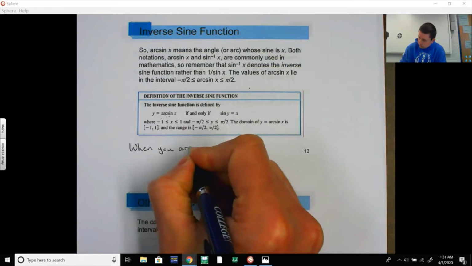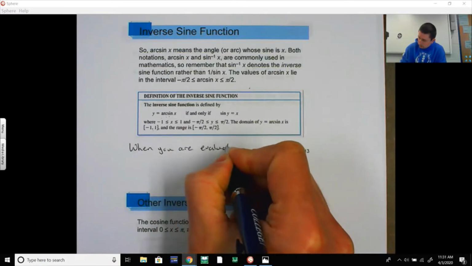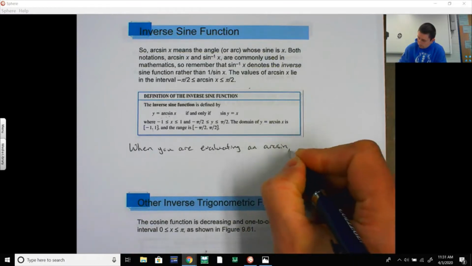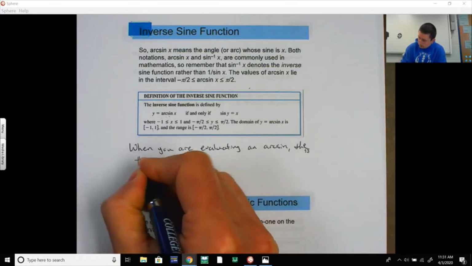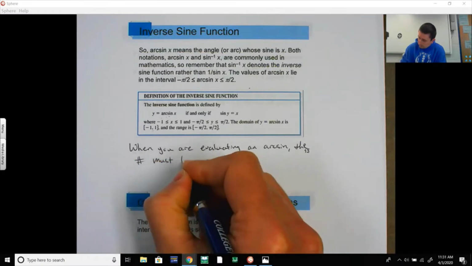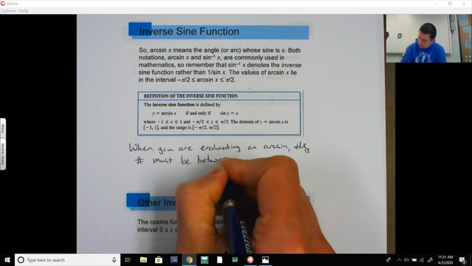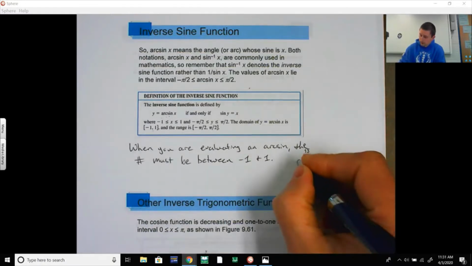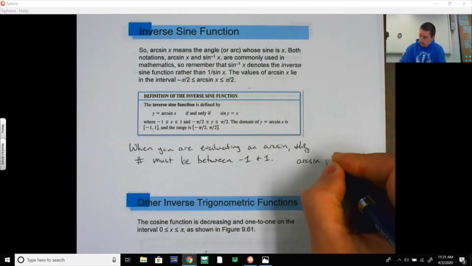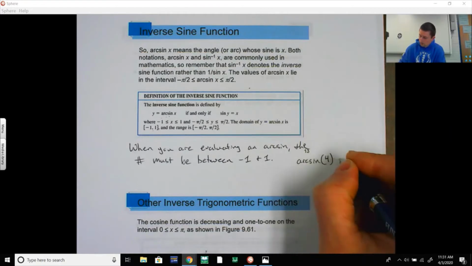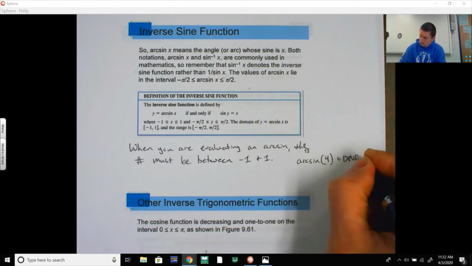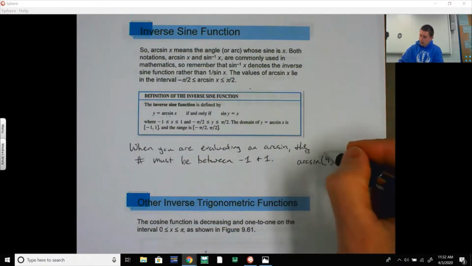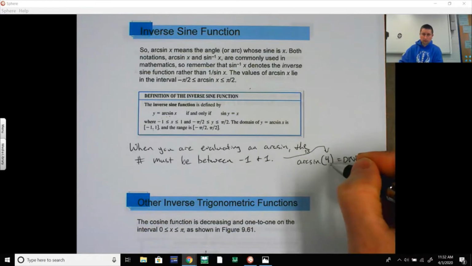So when you are evaluating an arc sine or an inverse sine, the number must be between -1 and 1. So if you have something like the arc sine of 4, that does not exist, because that's greater than 1. So this number right here has to be between -1 and 1.